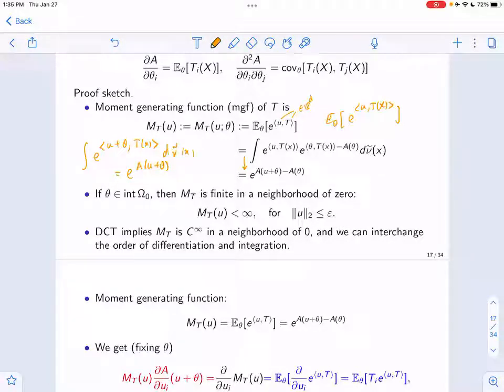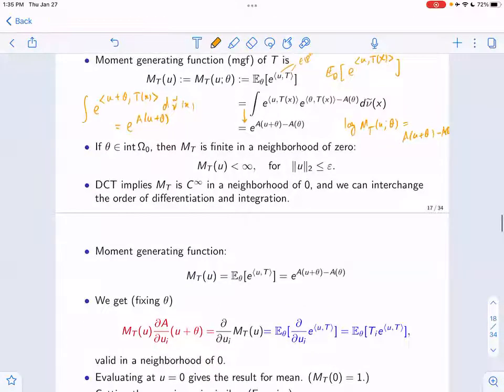So we have a very nice expression. And if you take the log, the log of the MGF would be A of u plus theta minus A of theta. That's why A is called the cumulant generating function, because the log of the MGF is called the cumulant generating function. Okay, so that's the first step.